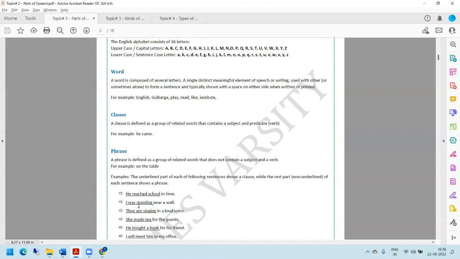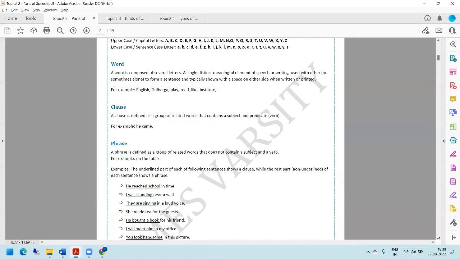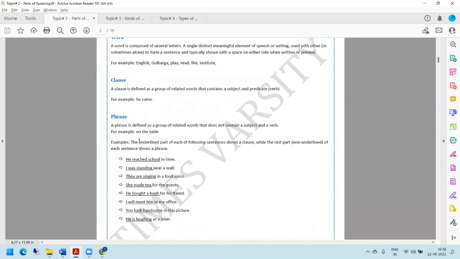Similarly, I was standing near a wall. Here, I was standing is one phrase, consisting of different words. They are singing in a loud voice. Up to here, they are singing, it is a phrase.